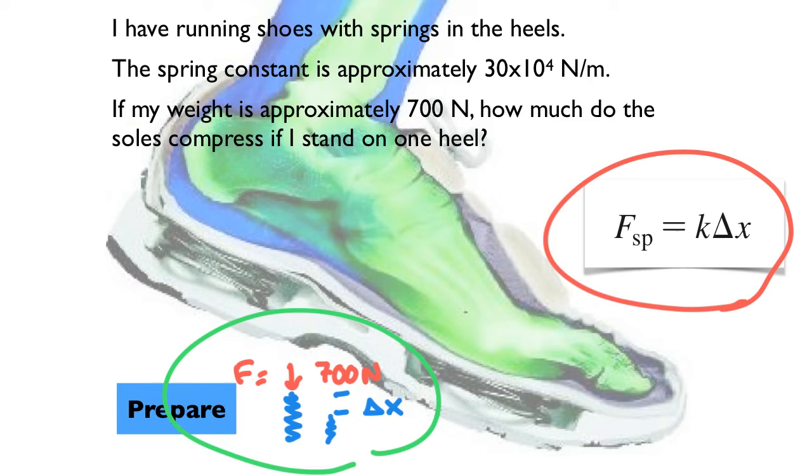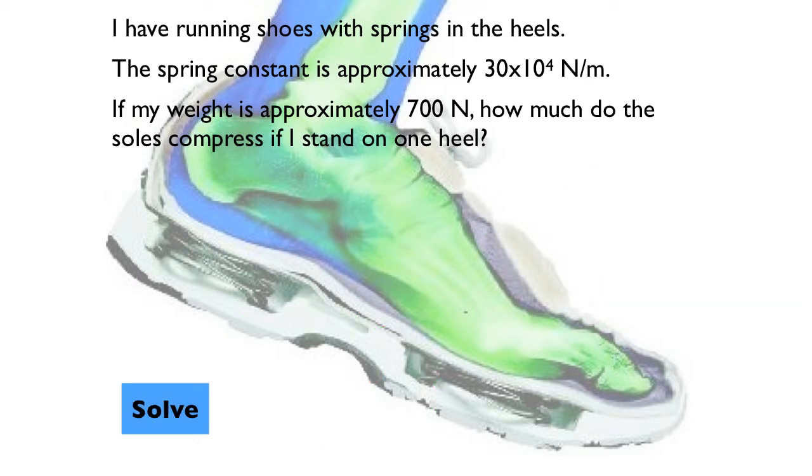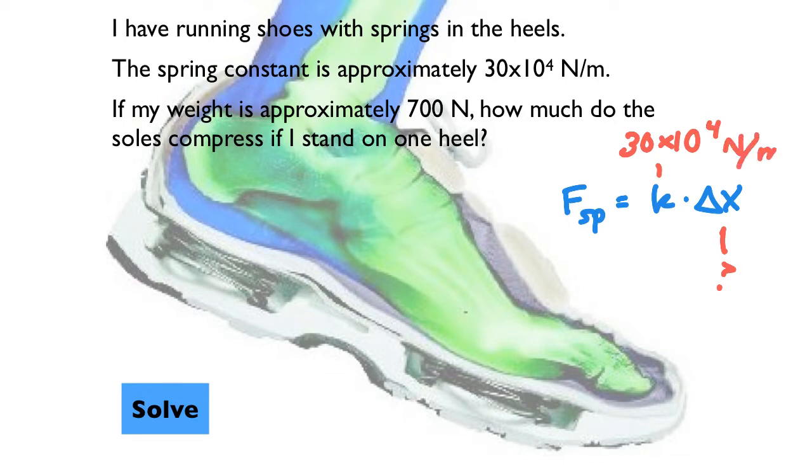With our preparation in hand, we are ready to solve. And solving, we're going to use our basic expression, which says the force of the spring is equal to k times delta x. Delta x is in fact what we are looking for. K is the spring constant, 30 times 10 to the 4th newtons per meter, which is not trivial to get off a manufacturer's website.